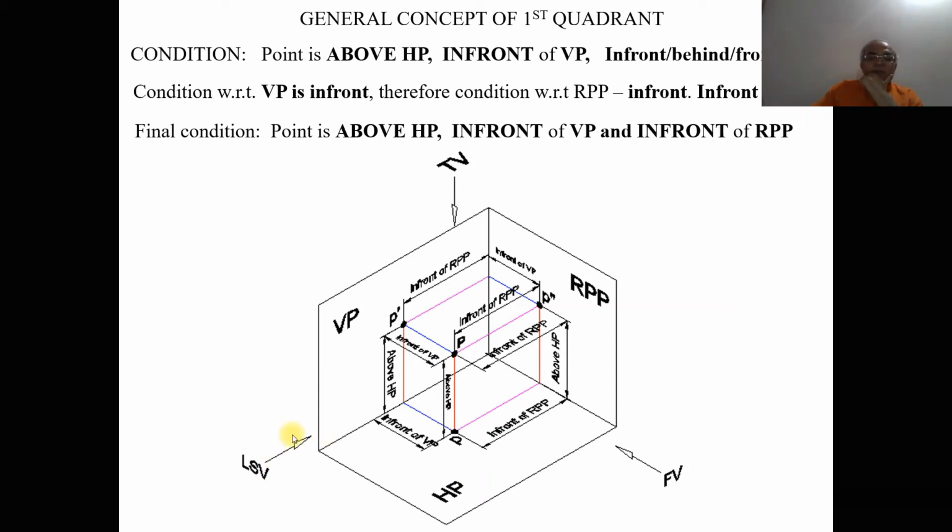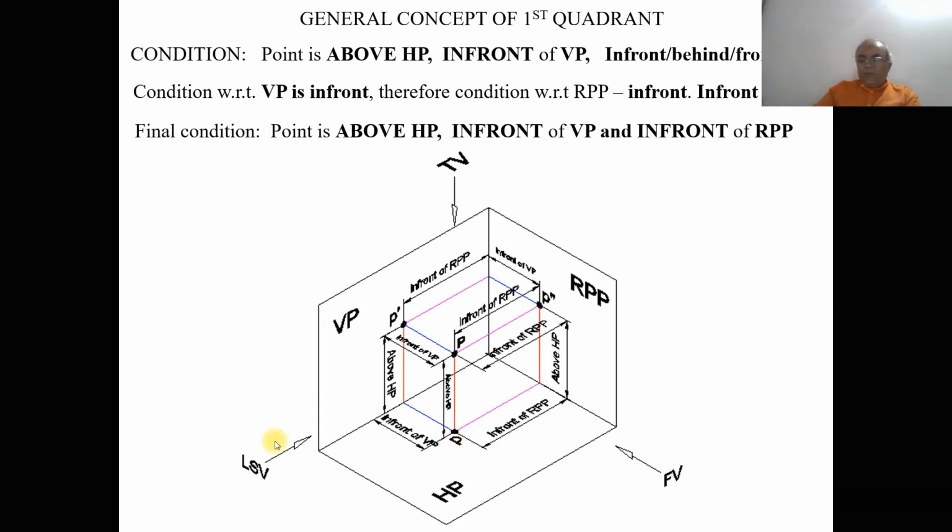So when you look from the left side view, the object is in front of RPP. That is the reason why you get the object in front of RPP. When you look from the front view, I can see the image in front of RPP, and that falls on the vertical plane. Also when you look from the top view, I can see the distance in front of RPP, and that image falls on the profile view also.